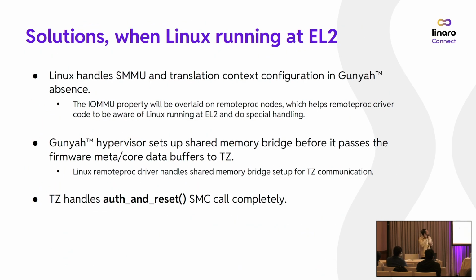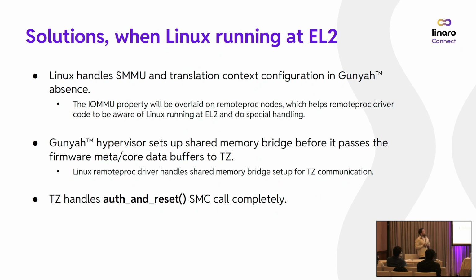Now Linux has control of the IOMMU. In the current code, where Linux ran at EL1, remoteproc does not have an IOMMU property, and it is optional to have. But now Linux needs to be aware of the SID of the remote processor, and it needs to be applied to the firmware stream.